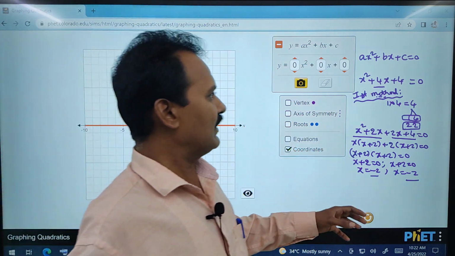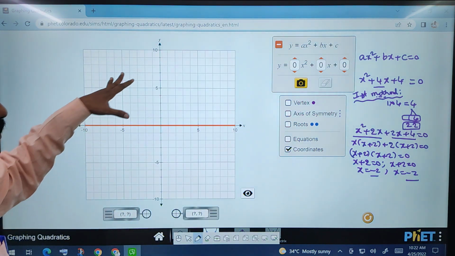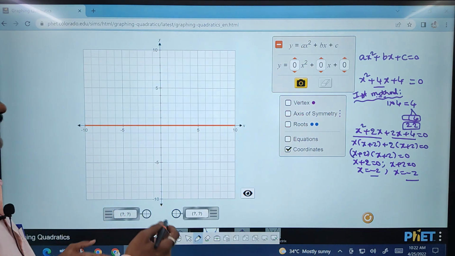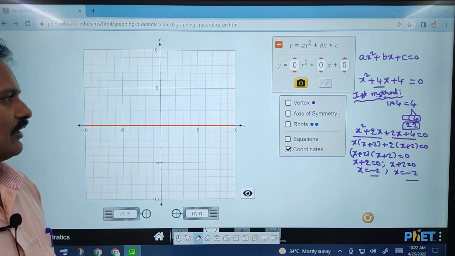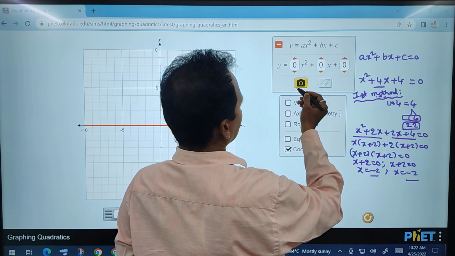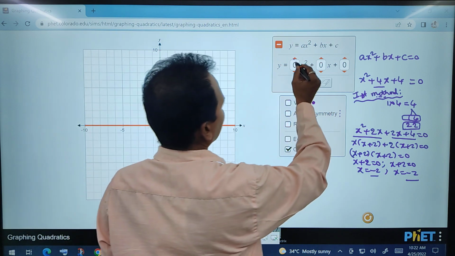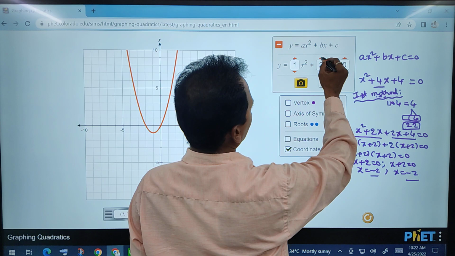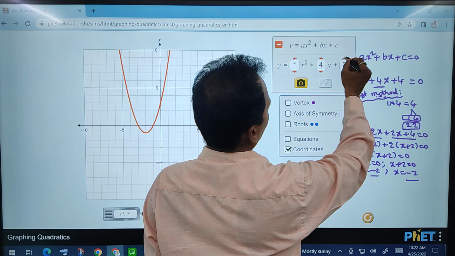If you observe this equation, x square plus 4x plus 4, in the graph, we will check in which shape we get the graph, and how we can identify the vertex, the axis of symmetry and the roots on the graph. See this one: 1x square, 4x, and the constant, the last term, is 4.